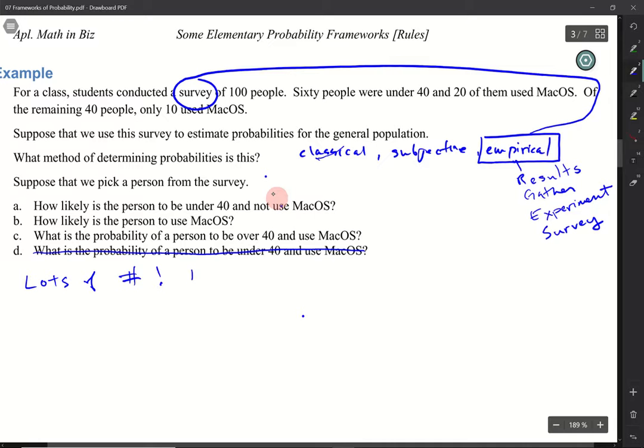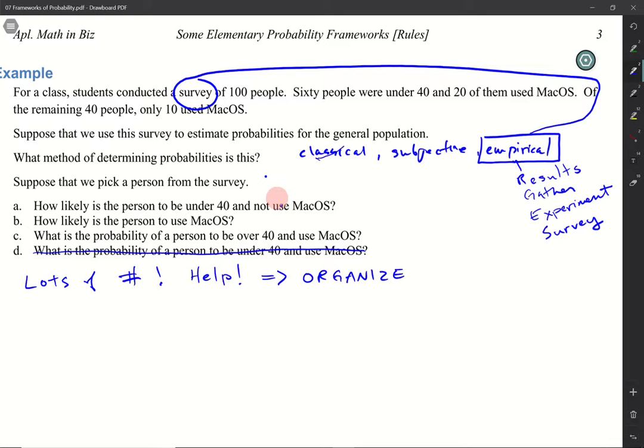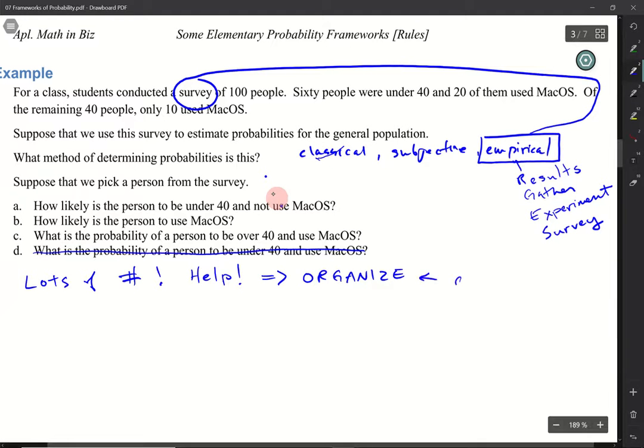So you need some help, and what you should do is think about organizing. So how could you organize all of these numbers? What's a way to sort numbers out? Make some kind of a chart, right? Chart, table.